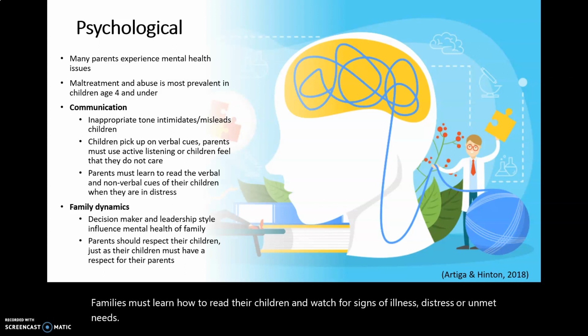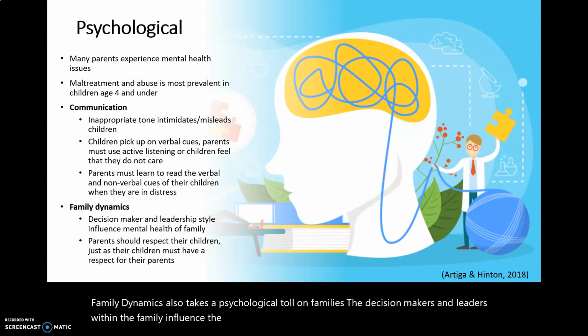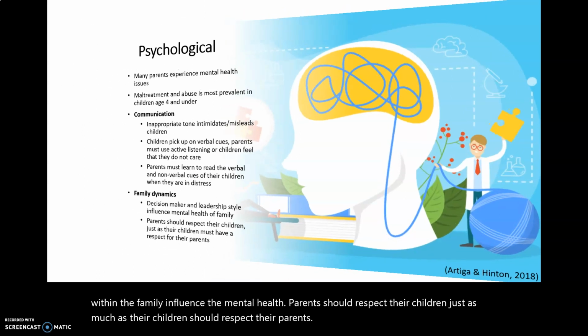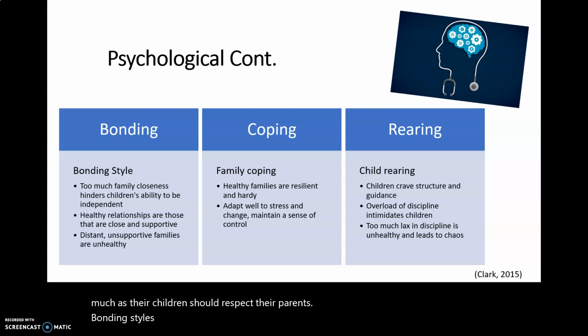Family dynamics also take a psychological toll on families. Decision makers and leaders within the family influence the mental health. Parents should respect their children just as much as their children should respect their parents. Bonding styles are another psychological factor.